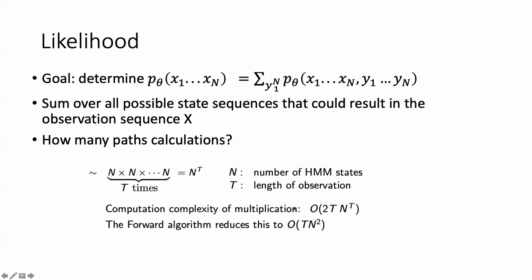By making use of the Markov assumption, we do not have to explicitly compute each possible path, but we can do it efficiently. One such algorithm is the forward algorithm, which reduces the computational complexity to the order of t n squared. Let's see what the forward algorithm is.